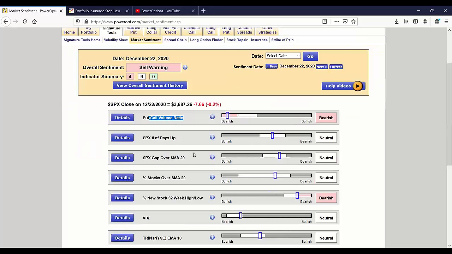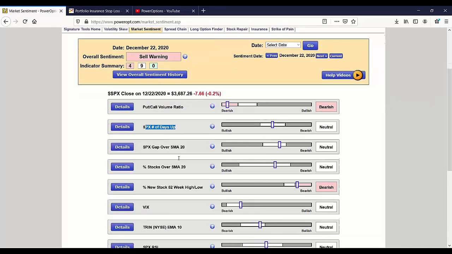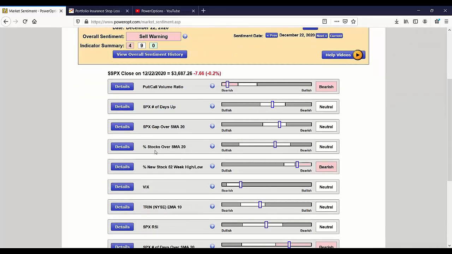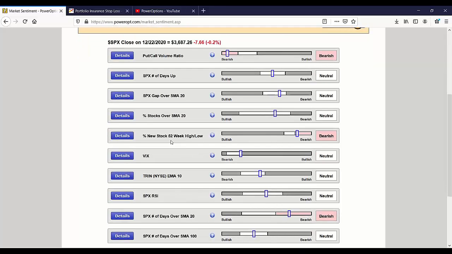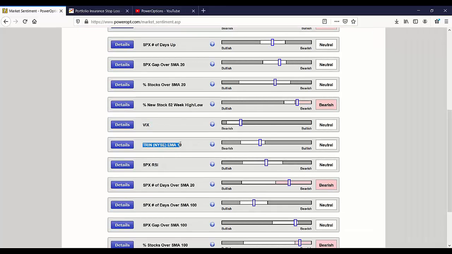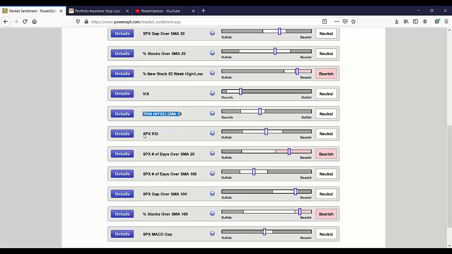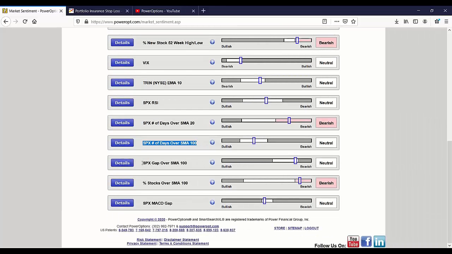The put-call volume ratio, the SPX number of days up, SPX gap over the SMA 20, the percentage of stocks in the market that are over their SMA 20, percentage of stocks hitting a new 52-week high or low, the volatility index, the trend sentiment, the RSI of the S&P 500, the number of days SPX has been over its SMA 20 or its SMA 100, and the size of the gap over the SMA 100 or the percentage of stocks that are over their SMA 100, and a MACD gap as well.